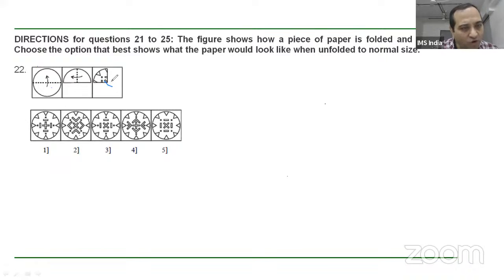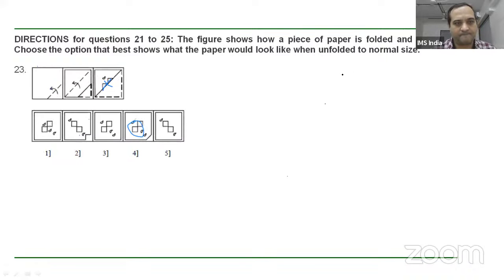And in the second folding, you will get a line here. So Roshni, you will get an X in between and not a plus like this, because of which 4 gets eliminated. Okay. Come on, let's move on to the next one.